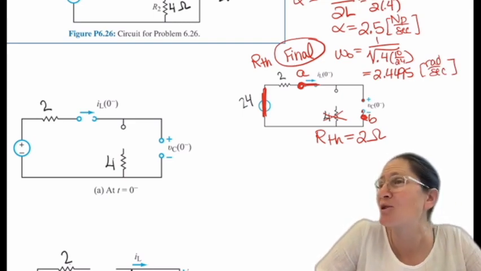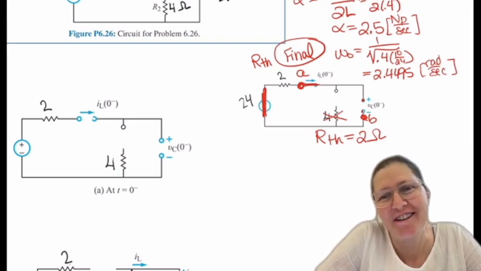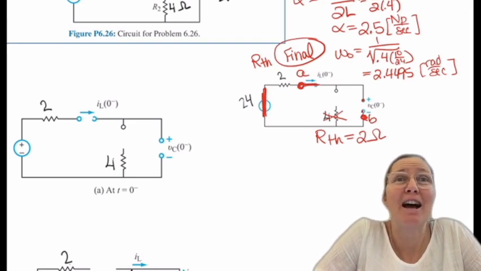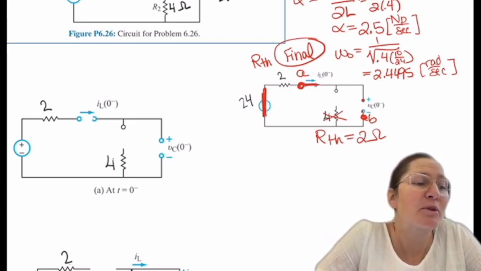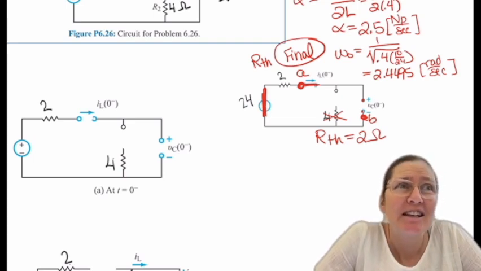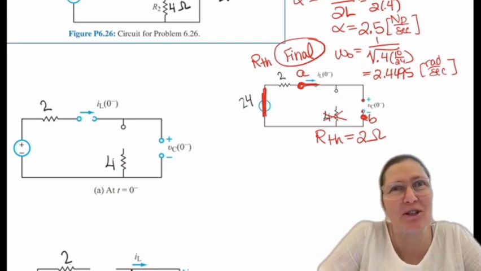You were asking how close is close enough? That is a good question. How do we say how close these are? If this was like 2.49, then I would probably say that is really close.